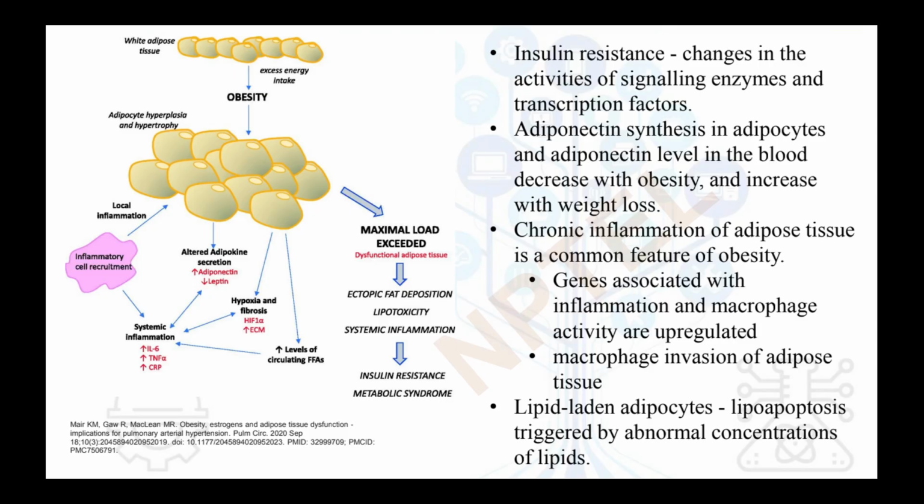So insulin resistance is there, adiponectin will be reduced, because all those things are favoring the anabolic processes. All those things that are favoring the catabolic processes will be increased. So during obesity, the adiponectin levels will be reduced so that the catabolic pathways will be upregulated.